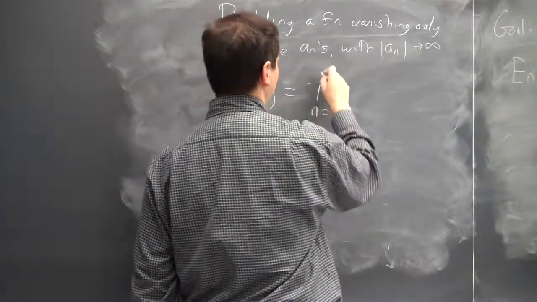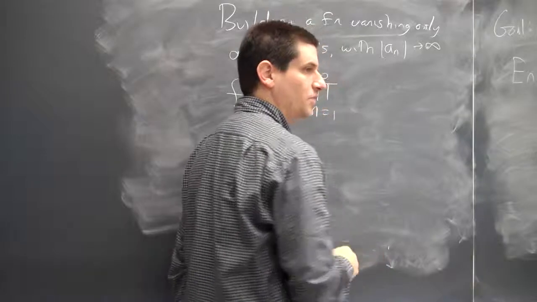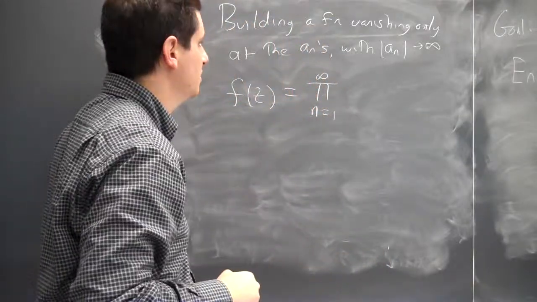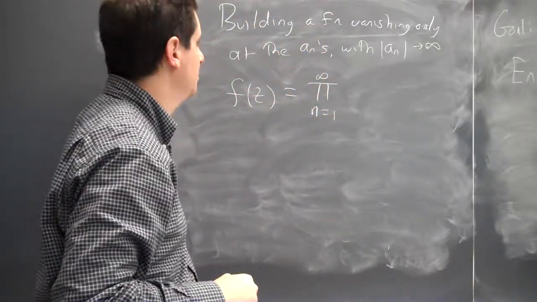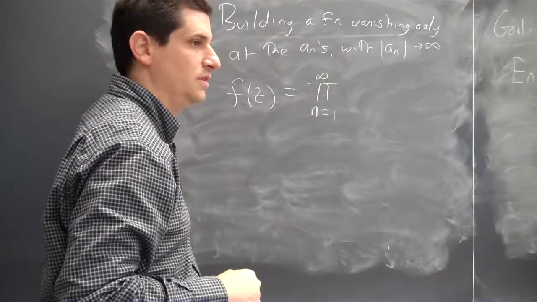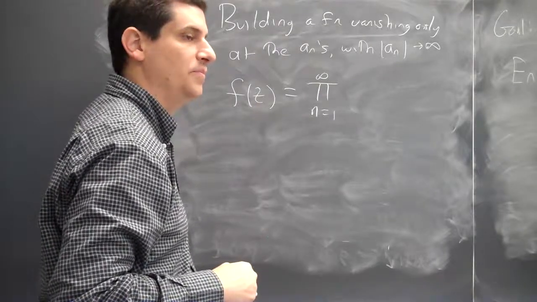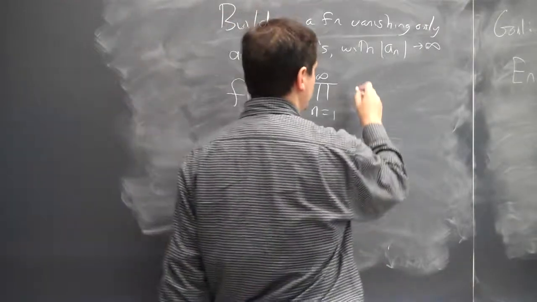The product, n goes from 1 to infinity. So give me a factor that vanishes at a_n. Let's just try something like this.